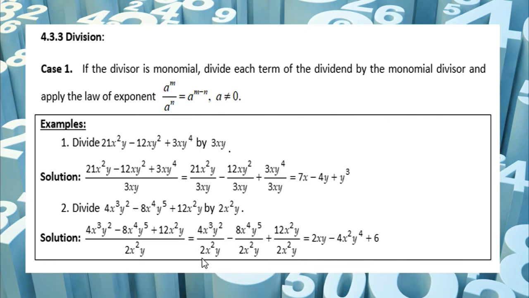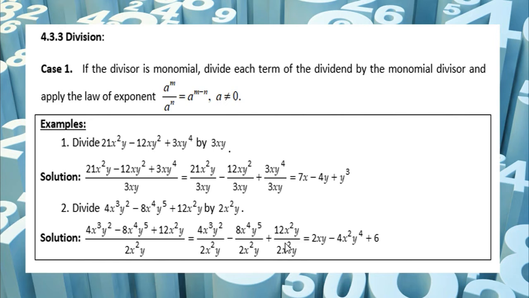So, to simplify, 4 over 2, that is 2. Ang mabilin diri isa na lang ka x o y. Then, minus 8 divided by 2 is 4. Ang mabilin sa x, squared, since 4 minus 2 is 2. Then, 5 minus 1 diri sa y is 4. So, that is why we have minus 4x squared y to the power of 4.